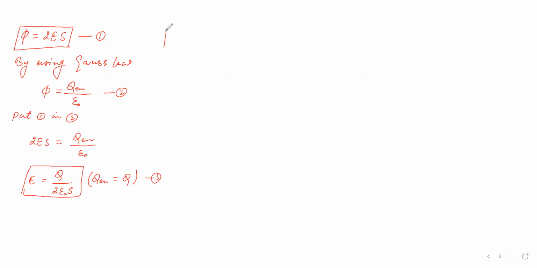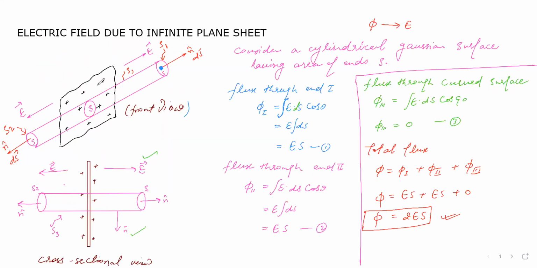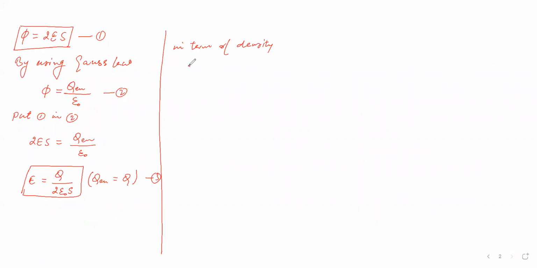But if you want to calculate in terms of density, then we know that this is a type of two-dimensional body. Then the charge density will always be represented by sigma, which is equal to Q over S. Or we can also write Q is equal to sigma into S. This is your equation number 4.